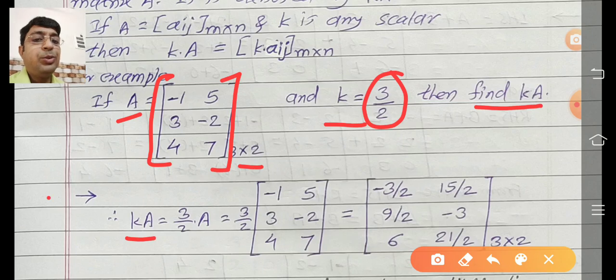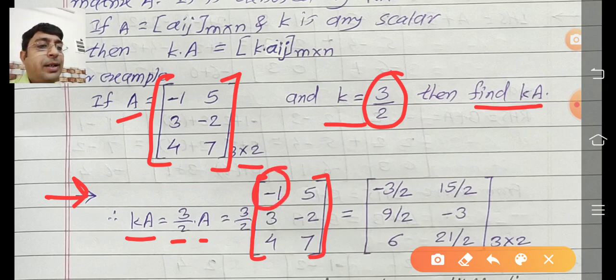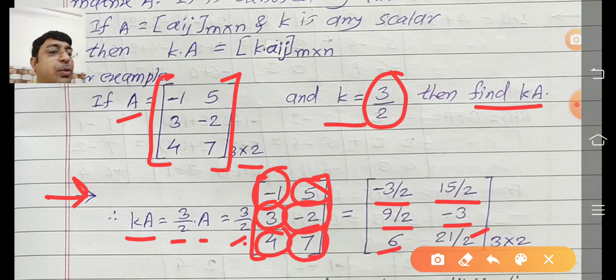So K into A is equal to, K value is 3 by 2 multiplied by matrix A, that we substitute here. Then 3 by 2 is multiplied to each element inside the matrix. So 3 by 2 multiplied by minus 1, so minus 3 by 2. 3 by 2 multiplied by 5 is 15 upon 2. 3 by 2 multiplied by 3 is 9 by 2. 3 by 2 multiplied by minus 2, so the answer is minus 3. 3 by 2 multiplied by 4, so the answer is 6, and 3 by 2 multiplied by 7, the answer is 21 upon 2.